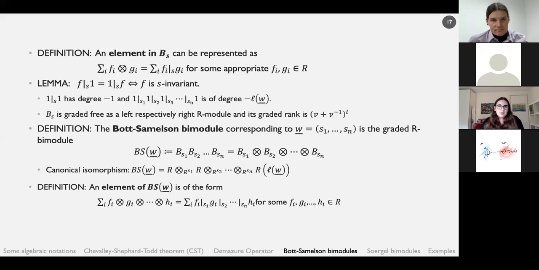Now, if w is the empty expression, then BS of w is the whole R. We can formulate a canonical isomorphism, which is that BS of w is equal to R with the tensor product over R^{s_1} with R and so on, where in the end we have a shifting grading of the length of w, which is n. And for that isomorphism, we basically just use the definition of the BS_i.